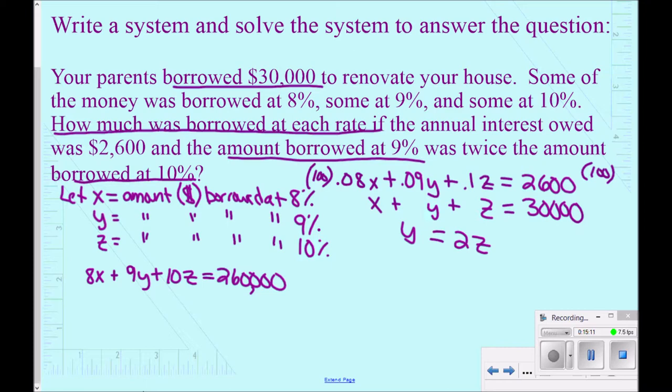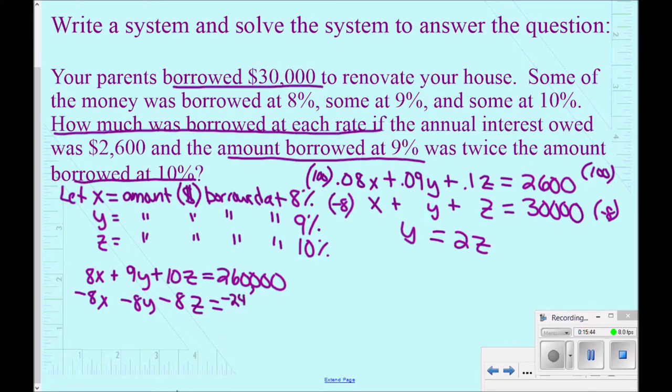Then the second equation, I have x plus y plus z equals 30,000. Well, we already said we want to eliminate the x's. So if I have an 8x from the first equation and I want to eliminate the x and I have a 1x in the second equation, I know that I'm going to multiply through here by negative 8. So negative 8 times x, negative 8x, negative 8y, negative 8z equals, well, negative 8 times 3 is negative 24.